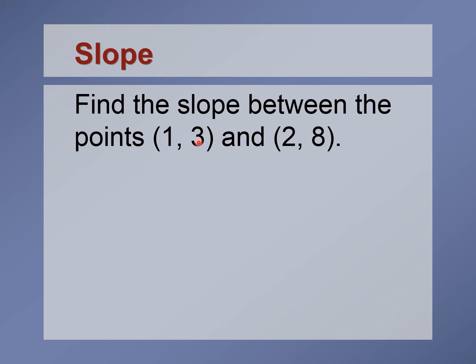So 8 minus 3 is 5. That's my y change, or my vertical change, which is my numerator. And then 2 minus 1 is 1. So that is my change in x, or my horizontal change. So I have 5 over 1, which is just 5. So my slope is 5.